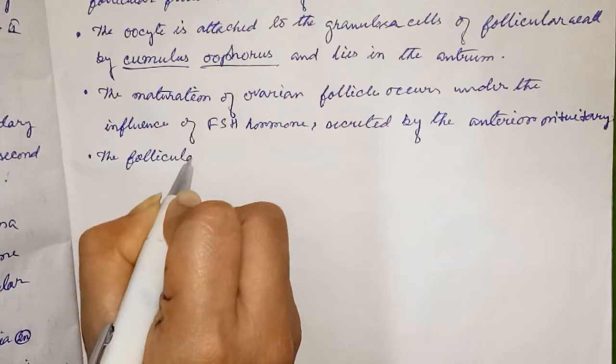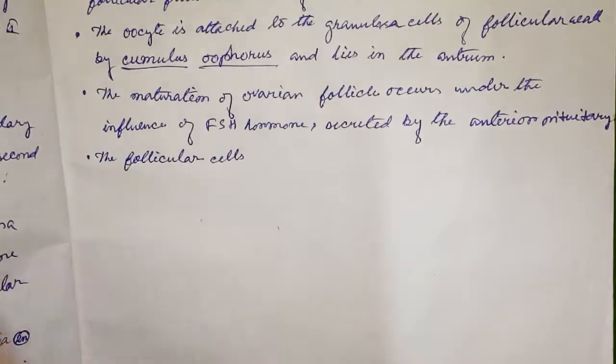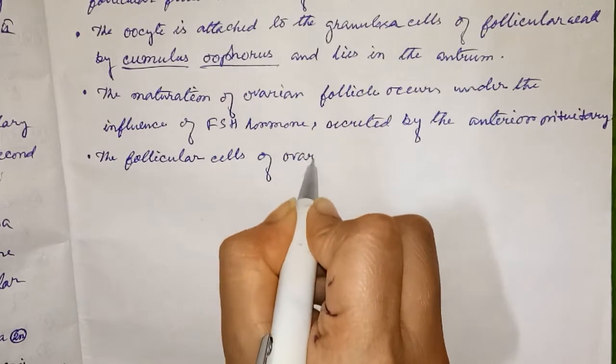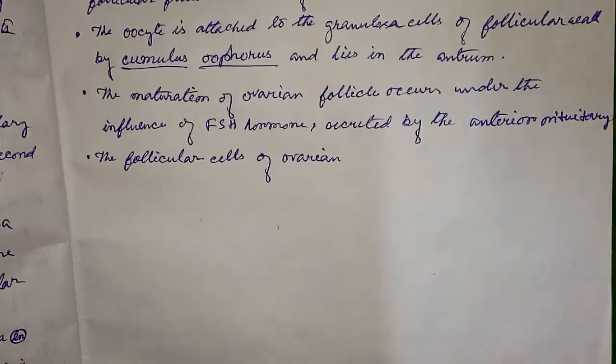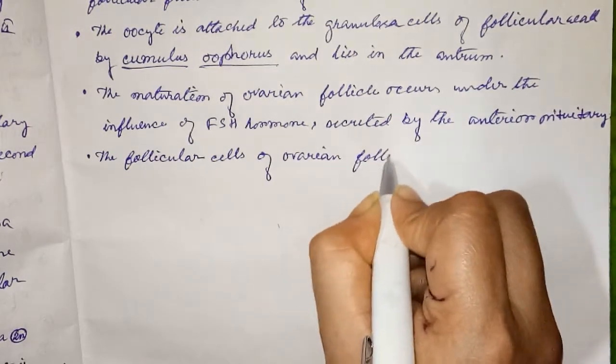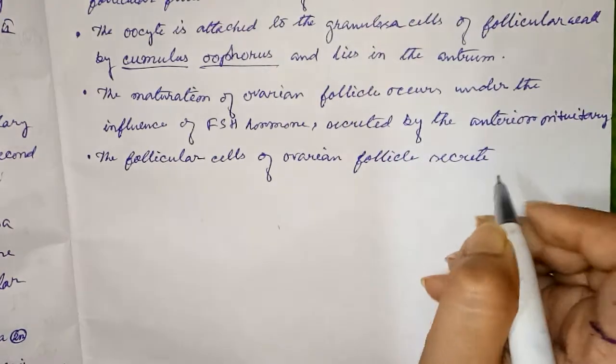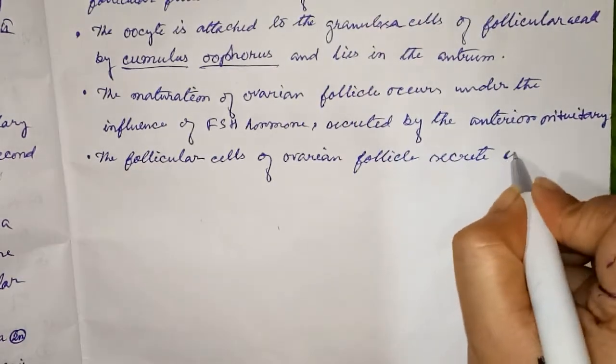The follicular cells of ovarian follicle secrete estrogen.